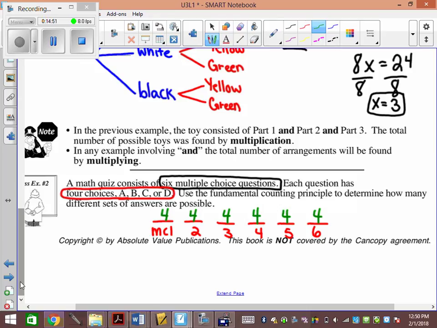Now, we have to decide, do we multiply or add? Well, so far we've always multiplied. But the reason why we multiply is you multiply whenever you use the word and. So up here it says and, multiplying. So you have to ask yourself, on the test, is there this question and this question and this question and this question and this question and this question? Or on the test, is there this question or this question or this question or this question?